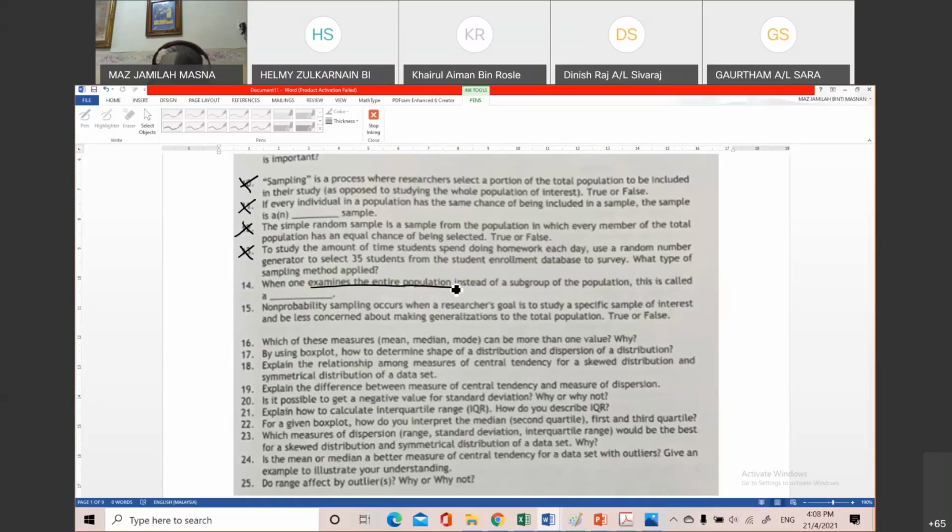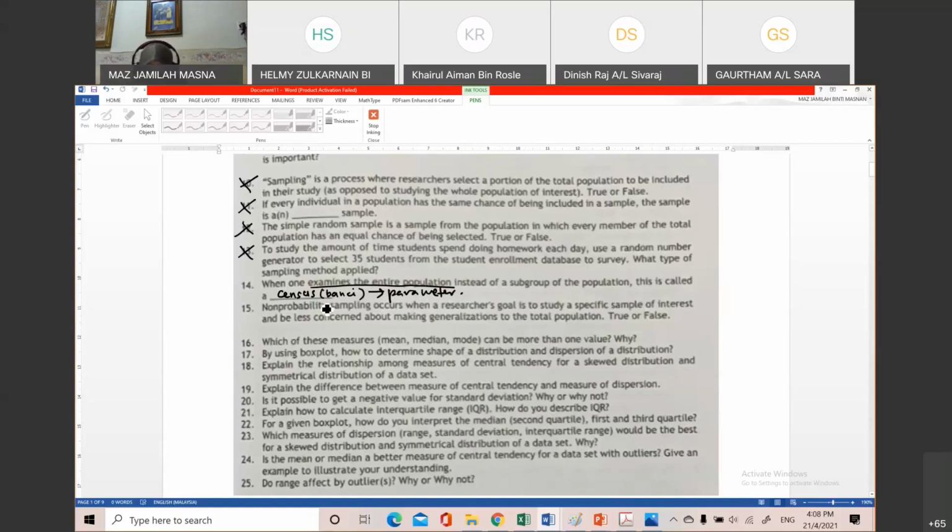Parameter is almost correct, but we are talking about when one examines the entire population instead of a subset of the population. If I'm not mistaken, this is a census. And the result of this measured characteristic would be a parameter, if I'm not mistaken.